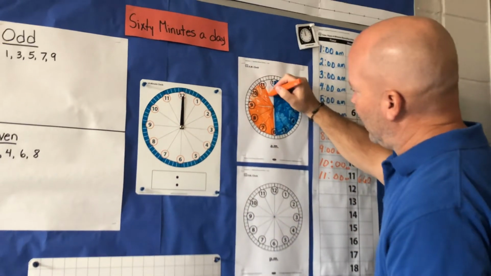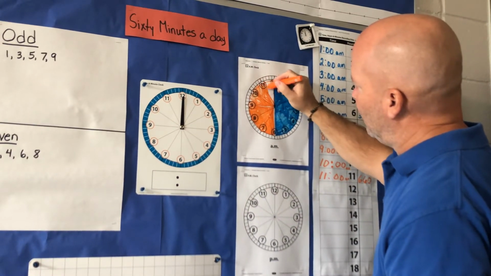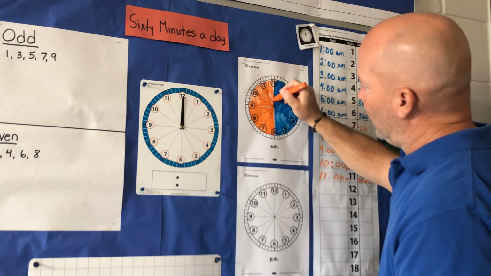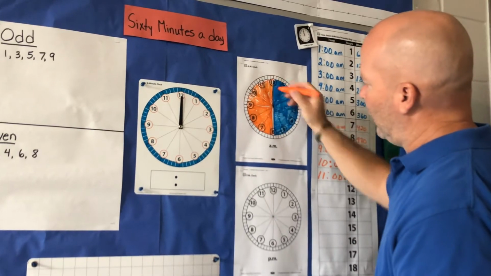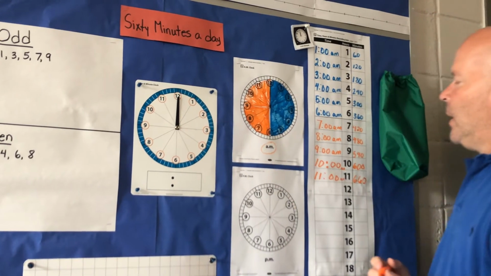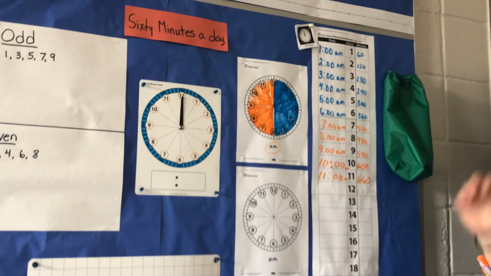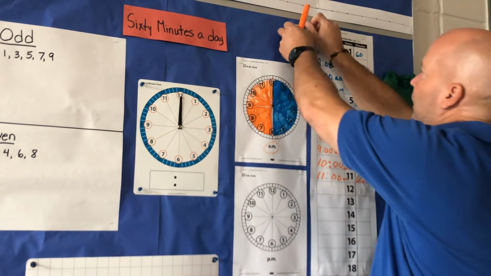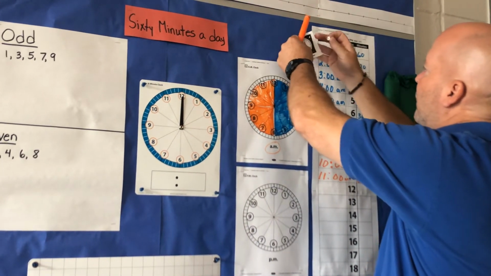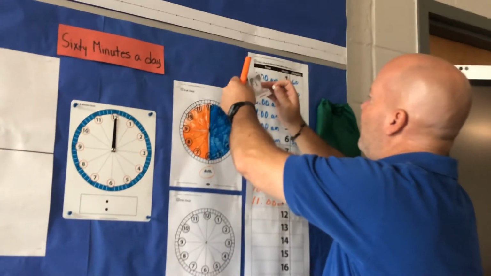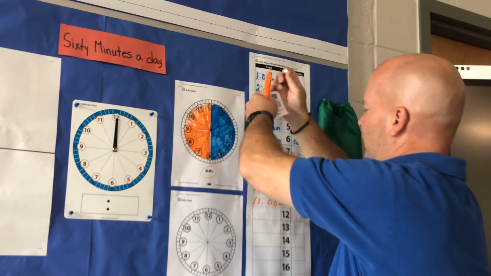What's interesting is I have filled in the entire pie here. And down below we talked about the difference between AM and PM. I've got these little markers up here. One of them is for AM, and then one of them is for PM.